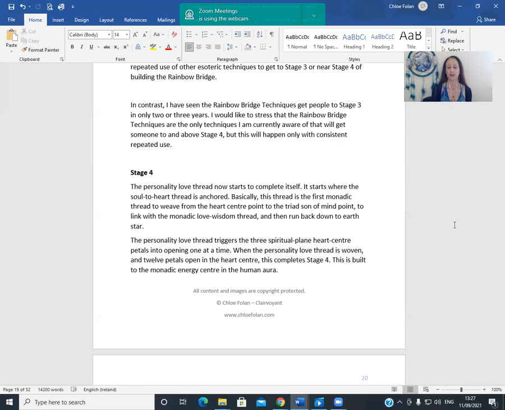That thread triggers the 4th ring of heart center petals into opening, and there are 3 spiritual plane petals, which relate to spiritual plane development, which relate to spiritual plane sacrifice, love, and knowledge. And once again, that order is dictated by your frame makeup, but sometimes not necessarily so.